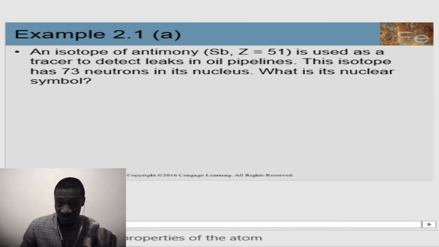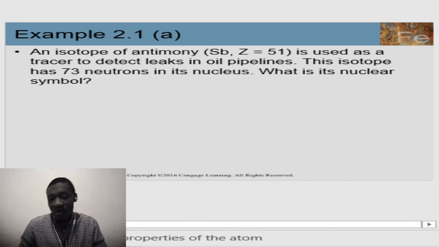So notice that the atomic symbol is Sb, and if I was to ask you a question, why is it Sb? It should have been At or Ay or An. Why is it Sb? Ask yourself that, or tell me the answer.